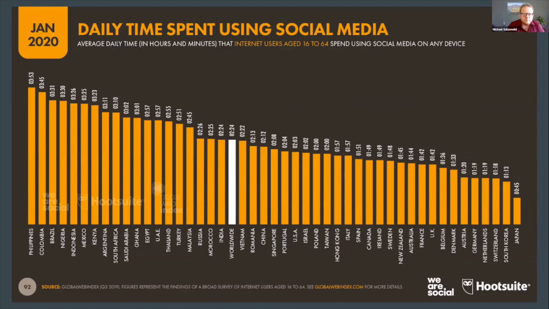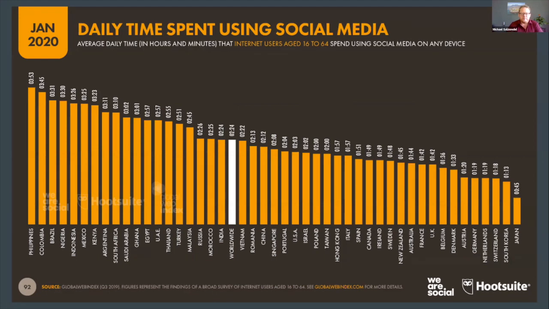In terms of time spent using social media around the world, the average time per day is 2 hours and 24 minutes. That is the average time that people are using social media on any device around the world. In the Philippines, that's the highest with close to 4 hours per day. In South Africa, it's just over 3 hours per day.